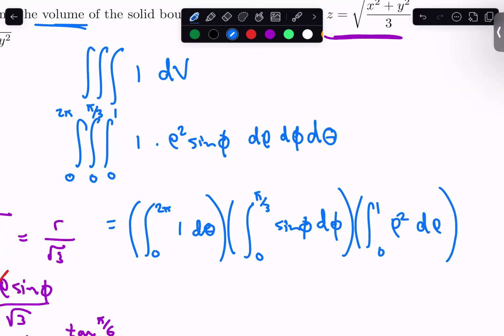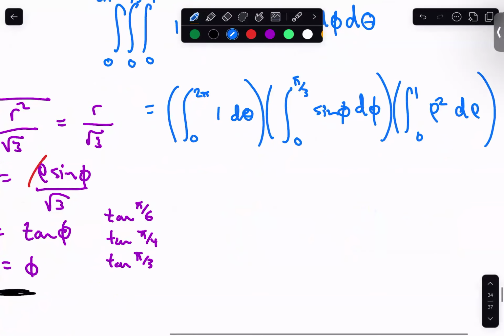So rather than evaluating each integral one by one, you can really do all three of them in one step. We saw plenty of times in the cylindrical class that when you integrate 1, you get theta, and you evaluate that from 0 to 2 pi, you just get 2 pi minus 0. So the theta integral is quite quick.